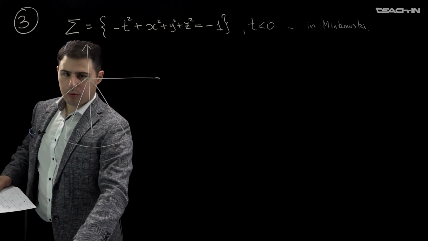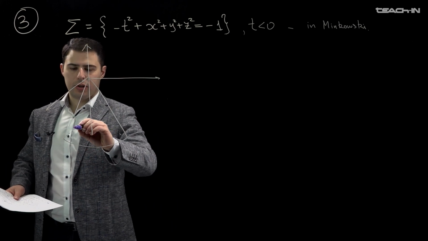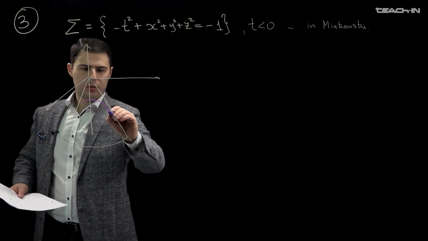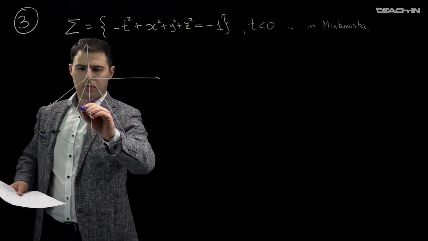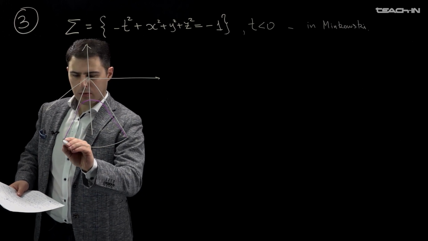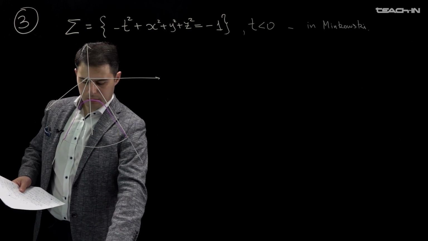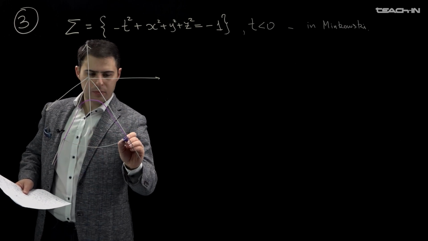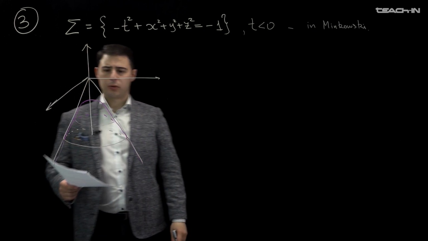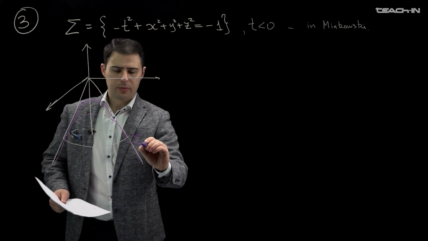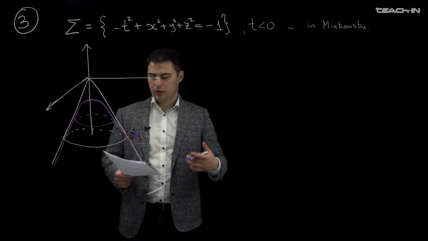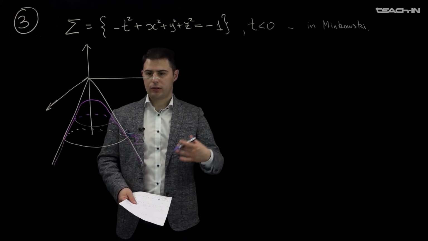So sigma is this hyperboloid, and there clearly exist inextendable null curves that do not intersect sigma.